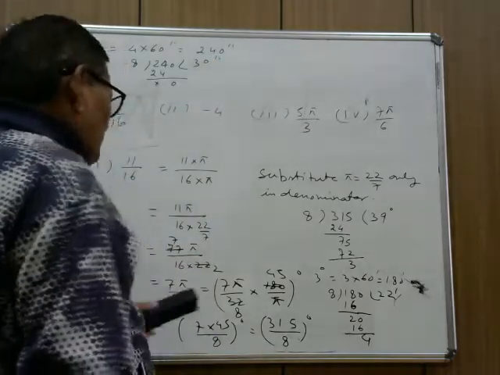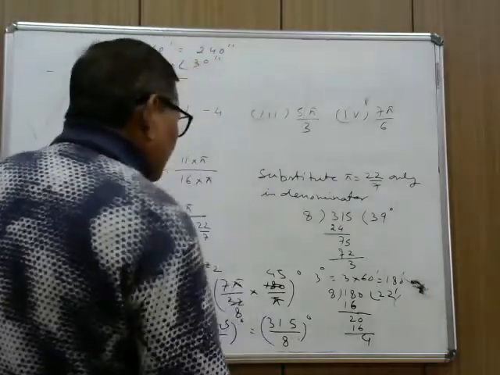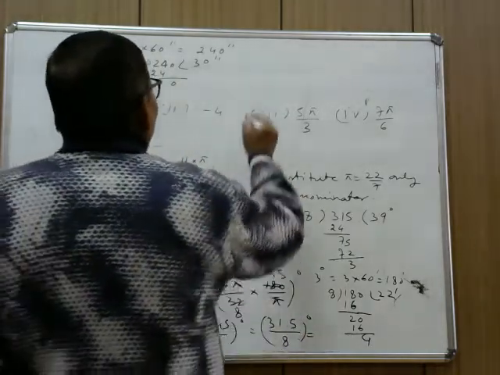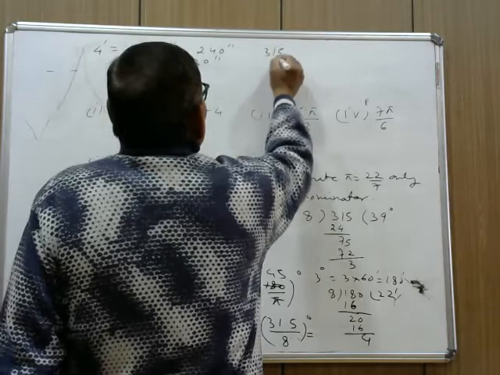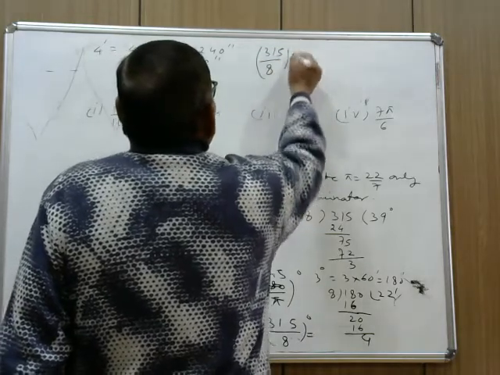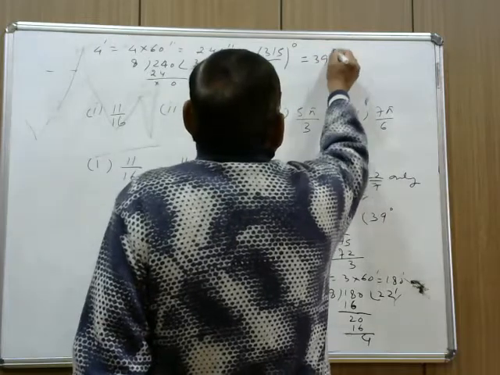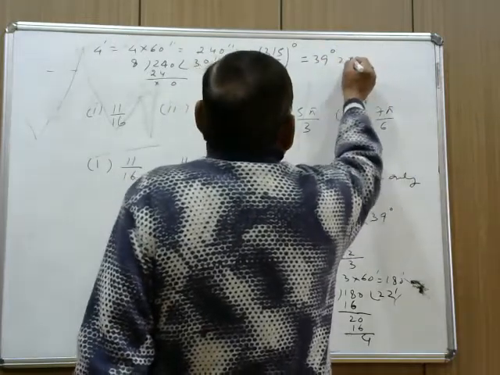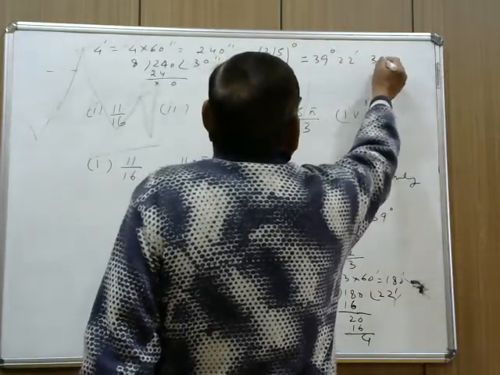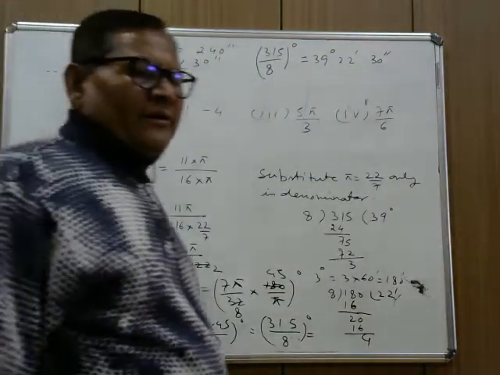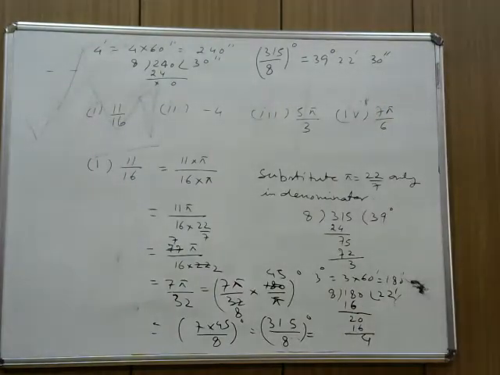So 315 by 8 degree is equal to 39 degrees, 22 minutes and 30 seconds. So this is the degree measure of radian measure 11 by 16.